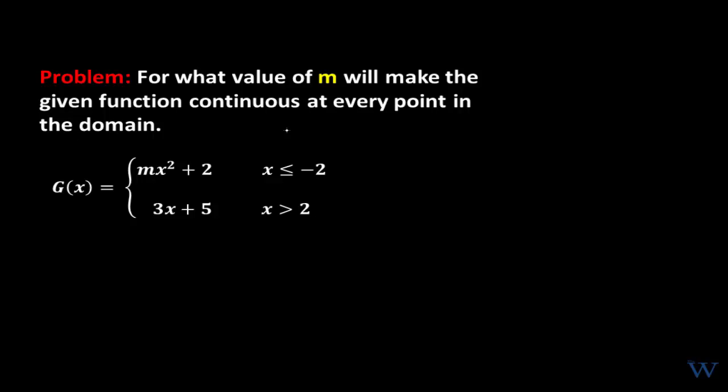Here's a problem. For what value of this letter m will make the given function continuous at every point in the domain? Basically what we've got is a piecewise function g, where it behaves as a parabola for x's to the left of -2, and it behaves as 3x plus 5 for values to the right of -2.